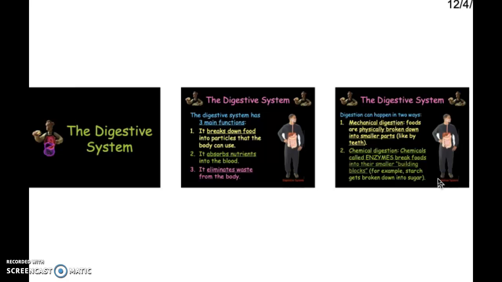If you wanted an example of starch, let's talk about cakes, or anything that's made out of sugar, sweet stuff, or flour, or pancakes or waffles. These are all very starchy materials. They are made out of flour and are sugary. So when these are broken down by our enzymes to release the smaller building blocks like sugar or glucose, chemical digestion is actually taking place. Isn't that very exciting?